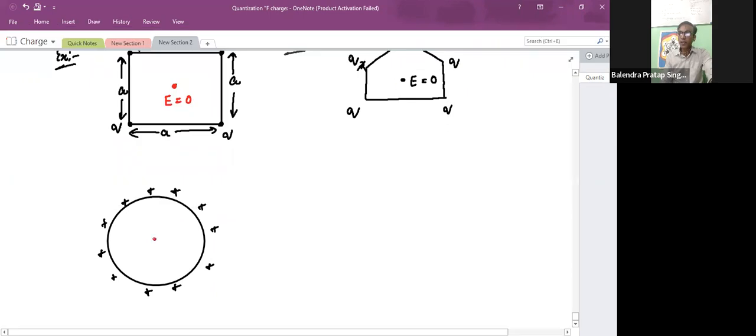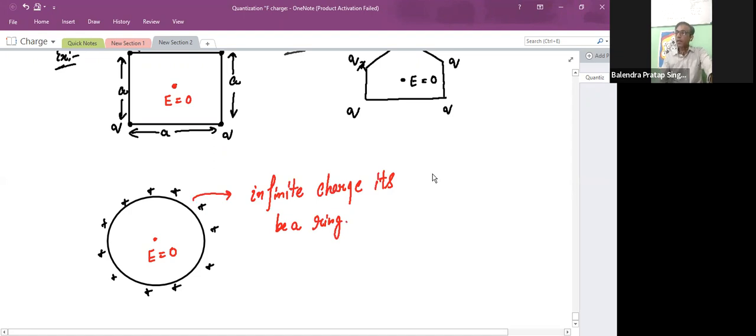Somewhere here the neutral point exists, and at this point the electric field is 0. Okay, this is for infinite charge. It will be a ring.